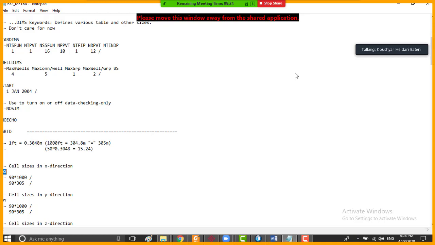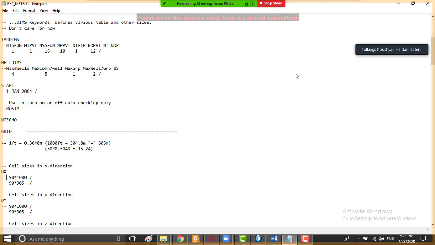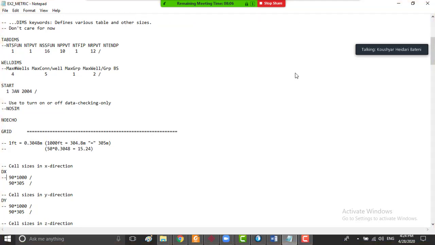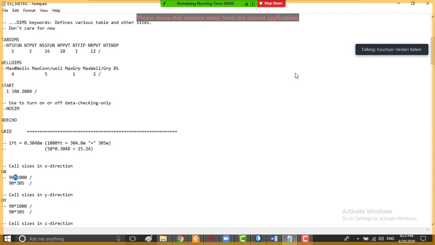Because I have 90 blocks, I have to write 1000 90 times. Right? Yes, right. Good. So, instead of writing 1000 90 times, Eclipse lets us use this multiplication symbol. Instead of writing 1000 90 times, I can write 90 times 1000. Yes?